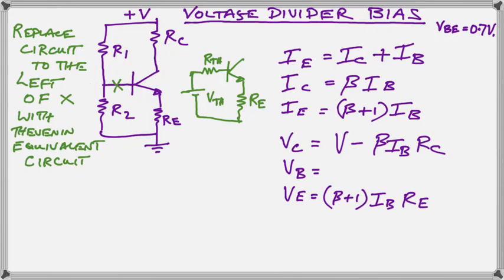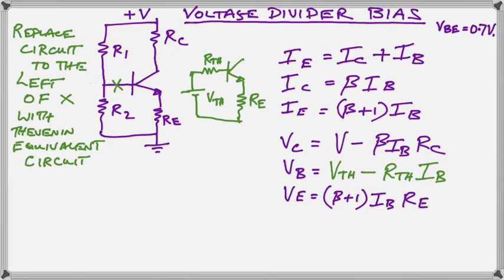When we narrow down the circuit, we have a Thevenin voltage, a Thevenin resistance that feeds into that circuit to the right of the X, and then we're looking at the emitter and base circuit of the transistor, and that's the circuit on which we are going to apply Kirchhoff's voltage and current laws.